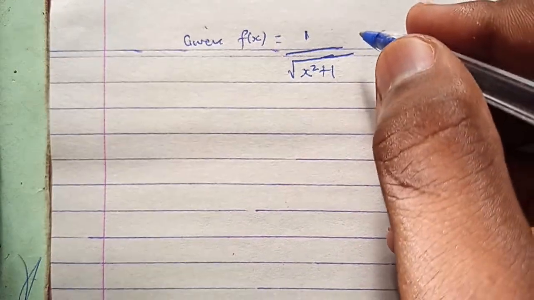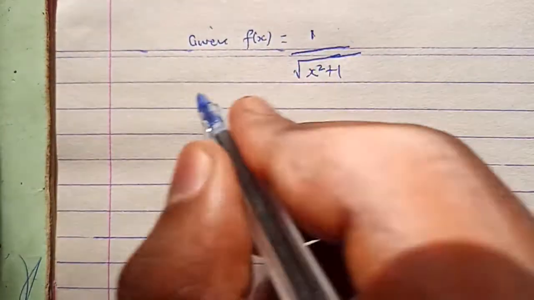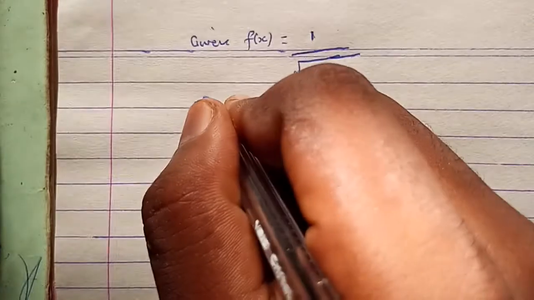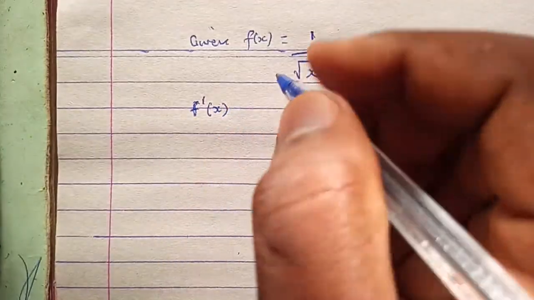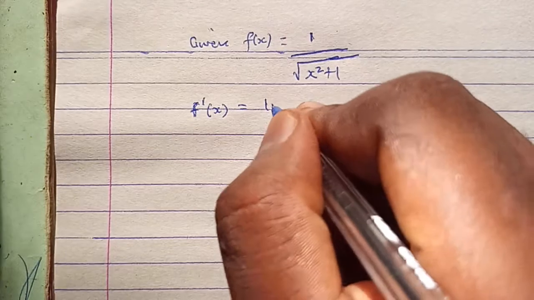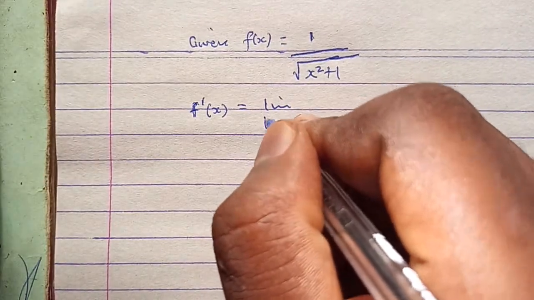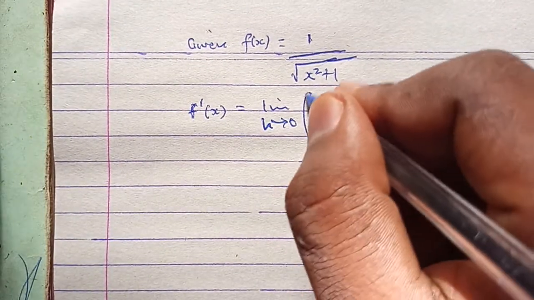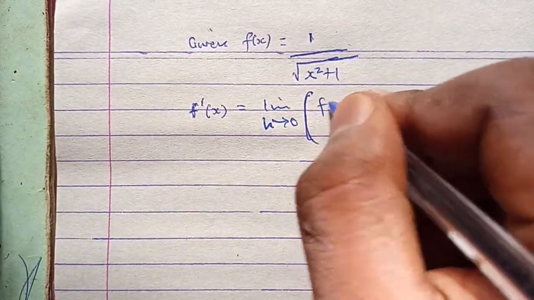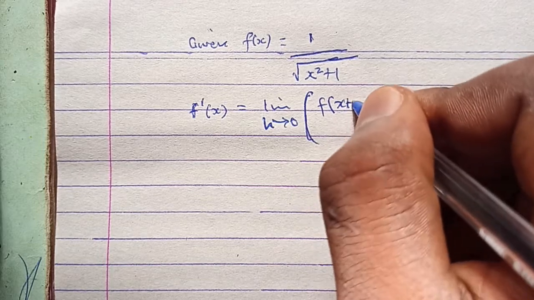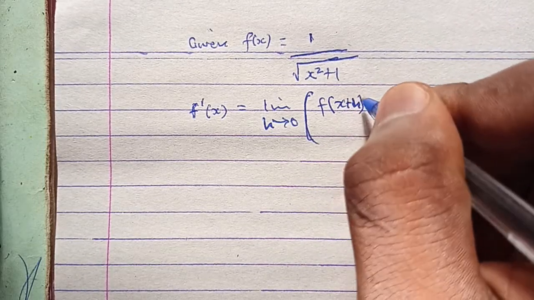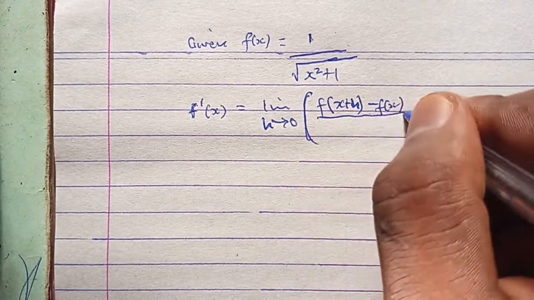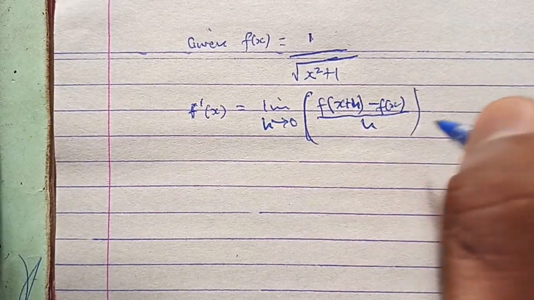So guys, what we will do is that we put down our first principle equation, that is f prime of x is equal to limit as h approaches 0 of the whole of this expression, that is f of the expression x plus h, bracket close, then that one minus f of x all over h, then bracket close.